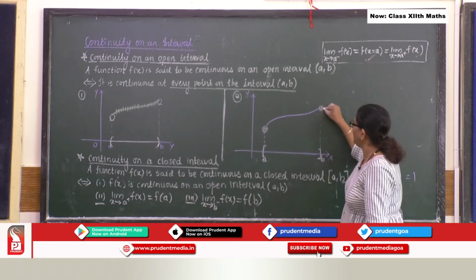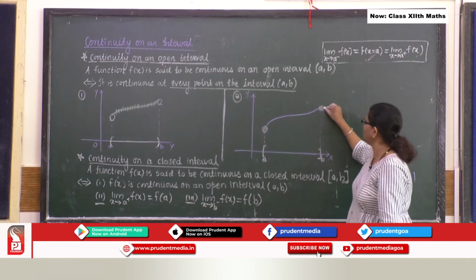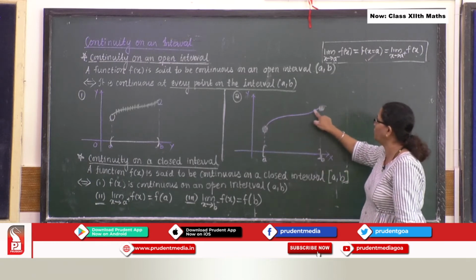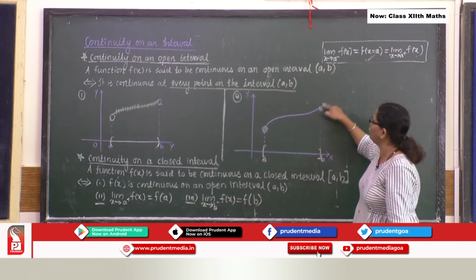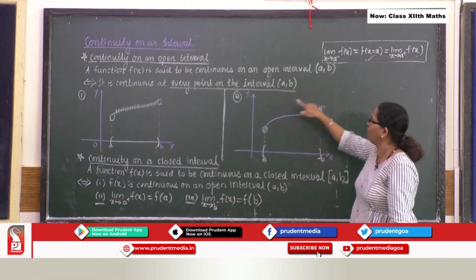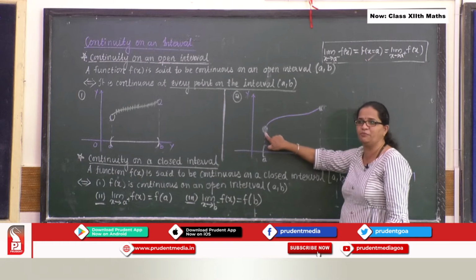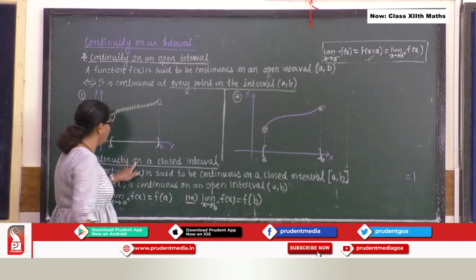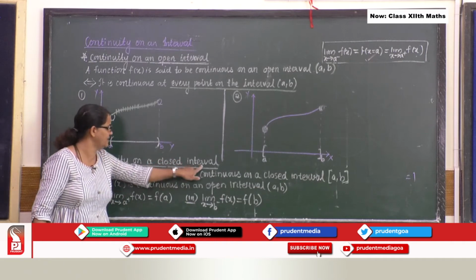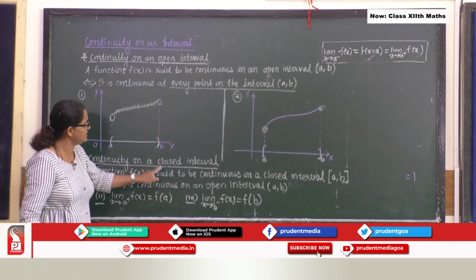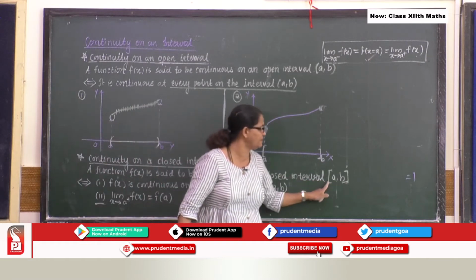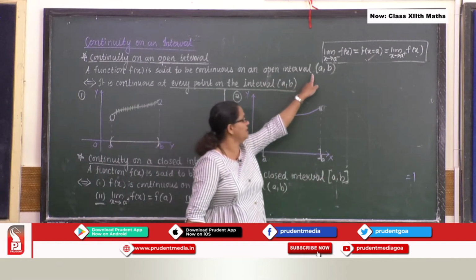So basically I am considering all such points on this curve, including this extreme point as well as this extreme point. So basically when I talk about continuity on a closed interval, I say the function is said to be continuous on a closed interval. You can see this bracket, try to differentiate here and here.